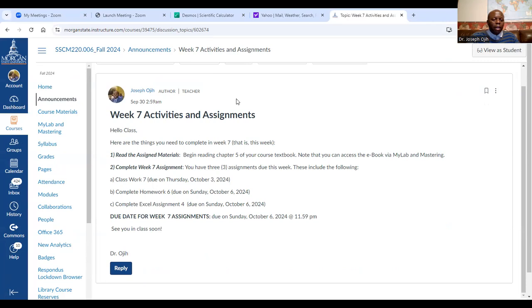For the assignment, I'm going to have your classwork ready after we finish today. Then homework 6. I might extend it to next week. I don't know yet. We'll figure that out later. Then complete Excel assignment 4 by Sunday, October 6th. And that's it for the assignments for the week.